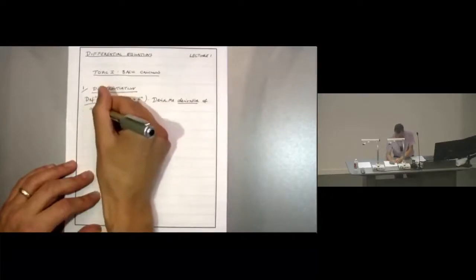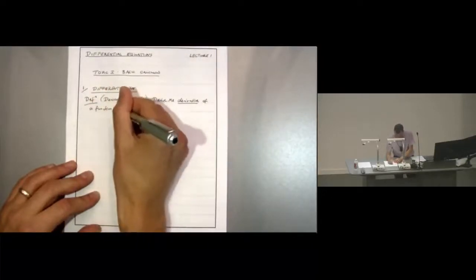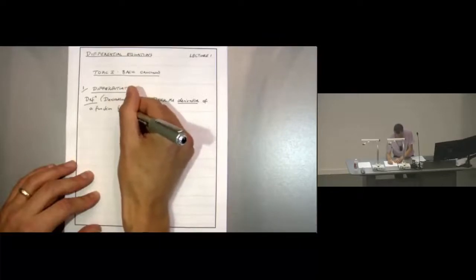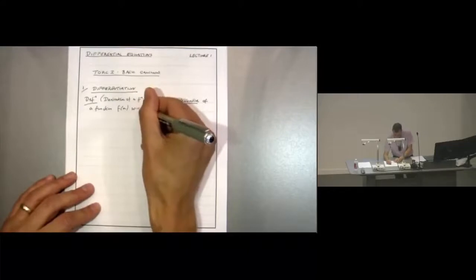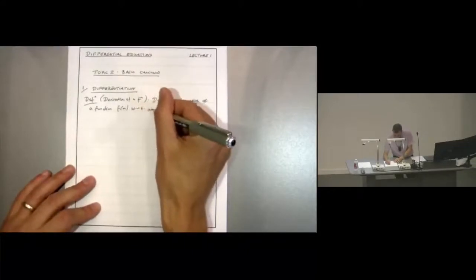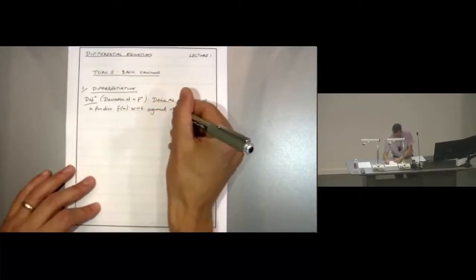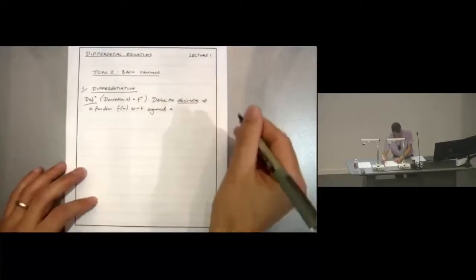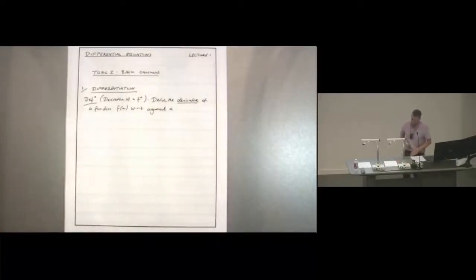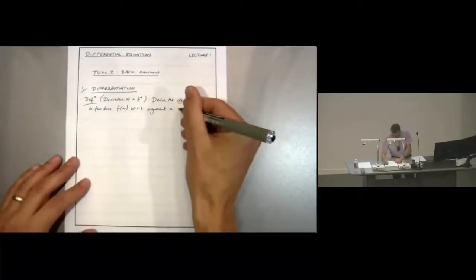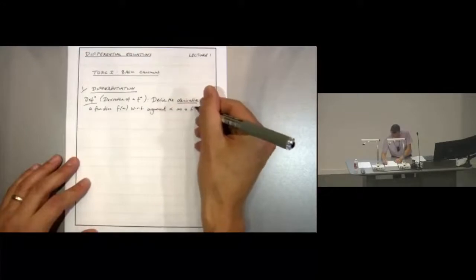So the derivative of some function f of x, where x is the argument. So the derivative of function f of x with respect to the argument x is itself a function. So we're going to define it as a function. And that function is going to be a limit.